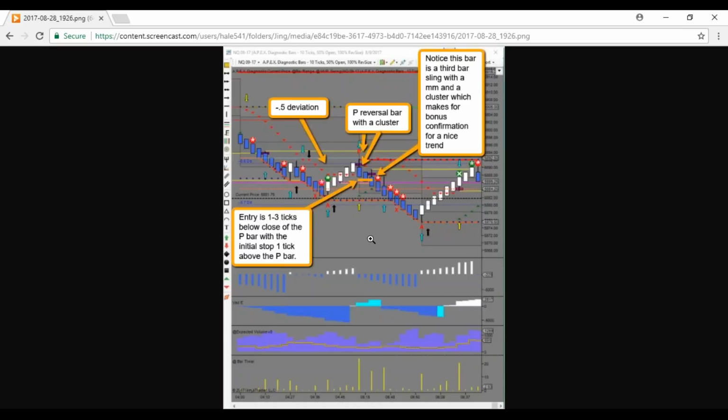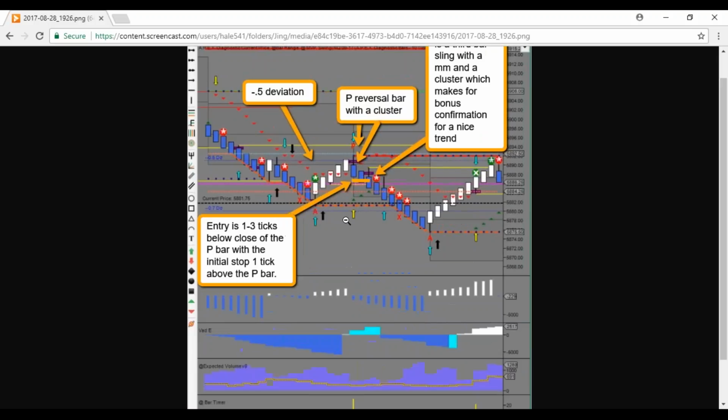Now, how can you potentially know that you might get a power P setup? Well, what do you see down here? You see the market coming down, down, down. It reverses. What do you get? An A. See that A right there? Everybody see it? You also see this X, so it completed the last apex.